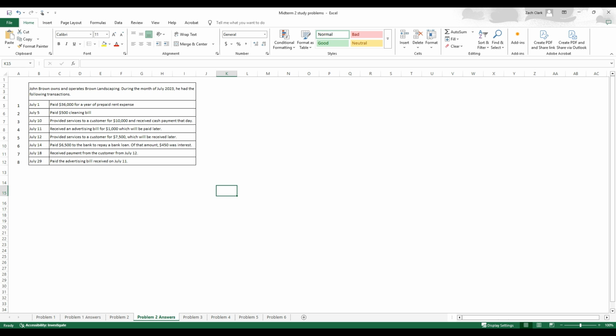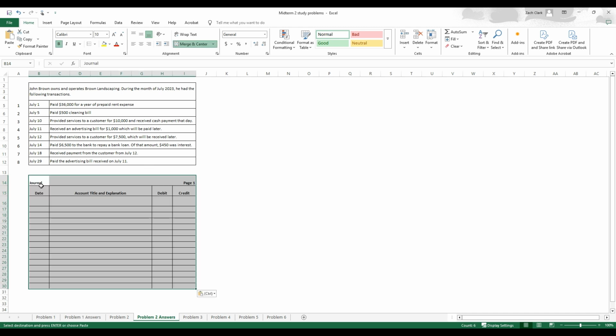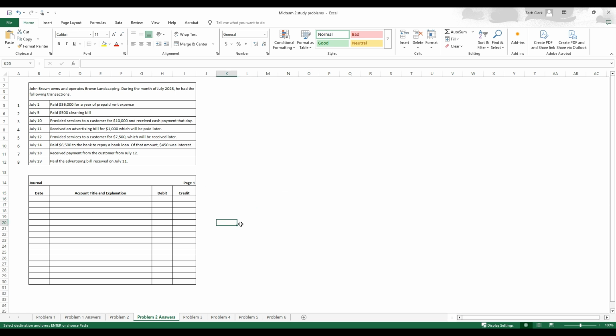I do need to create at least a little de facto general journal, because in this problem what we're going to want to do is post our journal entries related to these transactions, essentially. So we've got a little general journal here that we can post into, and let's record our transactions.